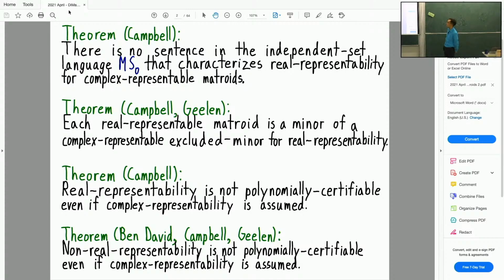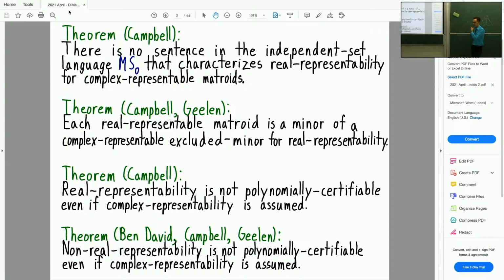And any of the known tools to show something isn't axiomatizable just don't work. So I'm fairly confident, but I couldn't phrase the last three.